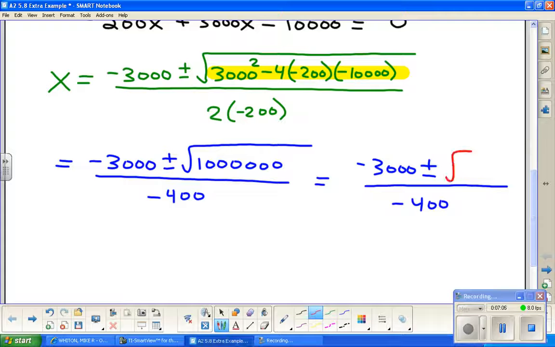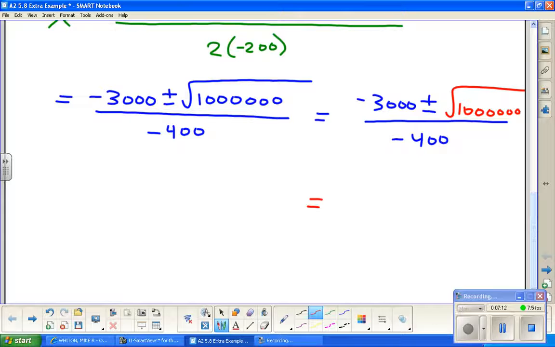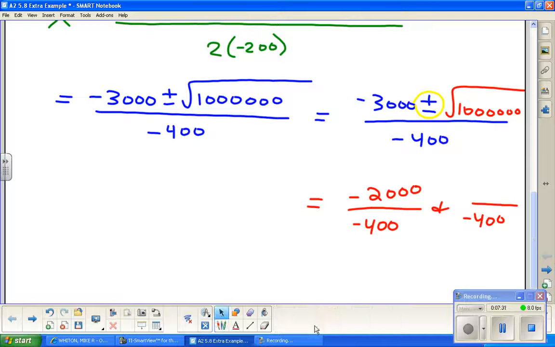So again, this is the square root of 1 million still. And doing that numerator, it was negative 2,000 over negative 400. Let's see what it is when we do the subtraction, because remember, we have to do both. We just did the one with the plus. If we do the one with the minus, it would be negative 3,000 minus the square root of 1 million.